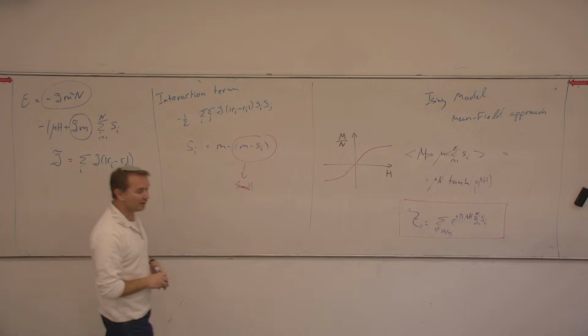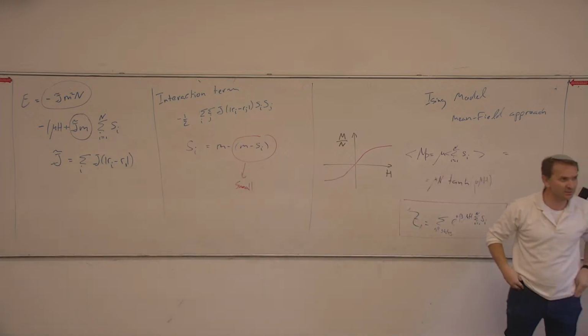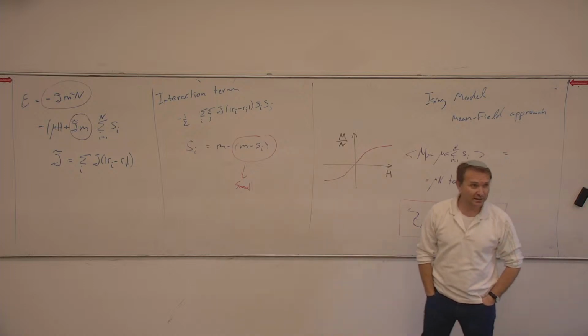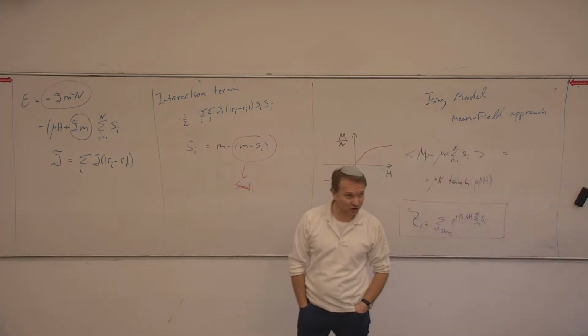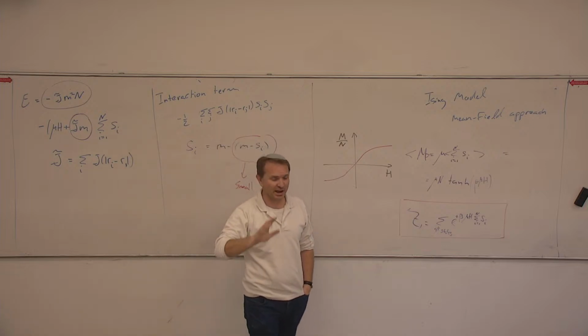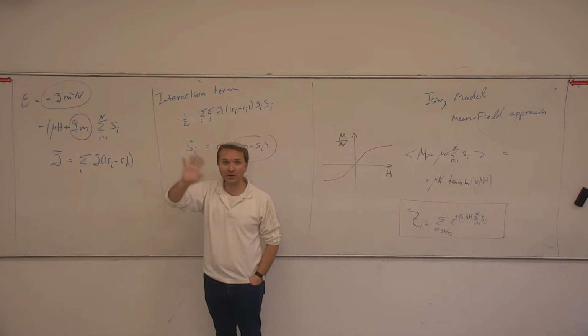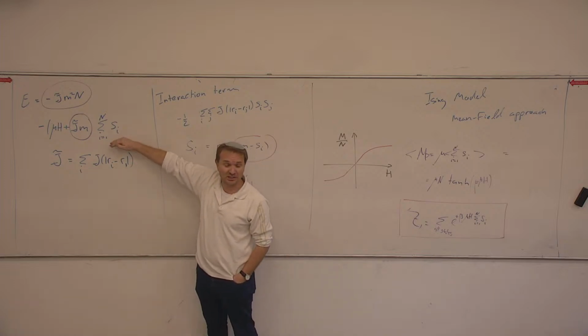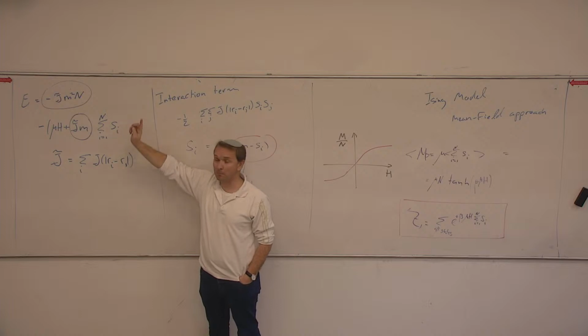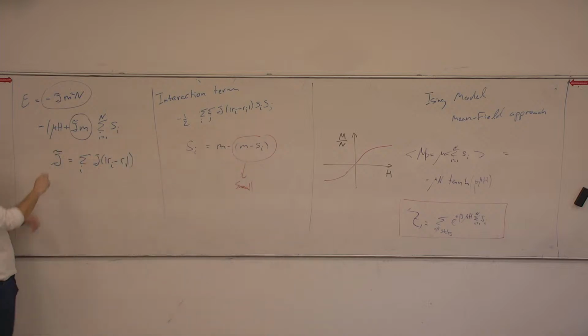So our assumptions led us to the following representation of the Ising model with interaction. We say that the Ising model with interaction, or at least the energy, is equivalent to, or can be approximated by, the energy where there are no interactions, so just the free Ising model, but you have to modify your external field a little bit.